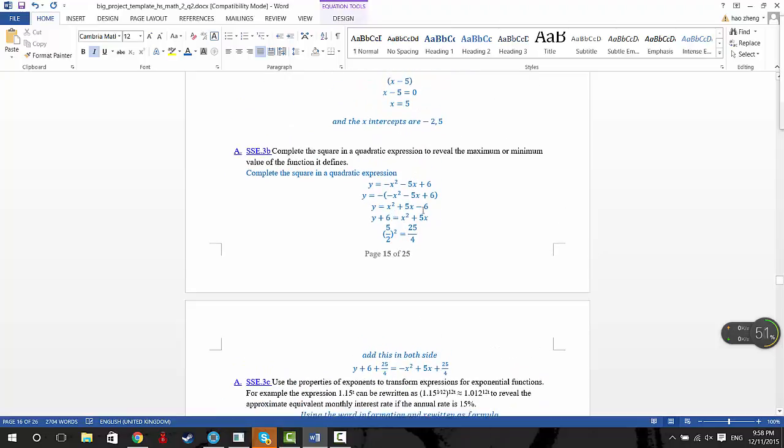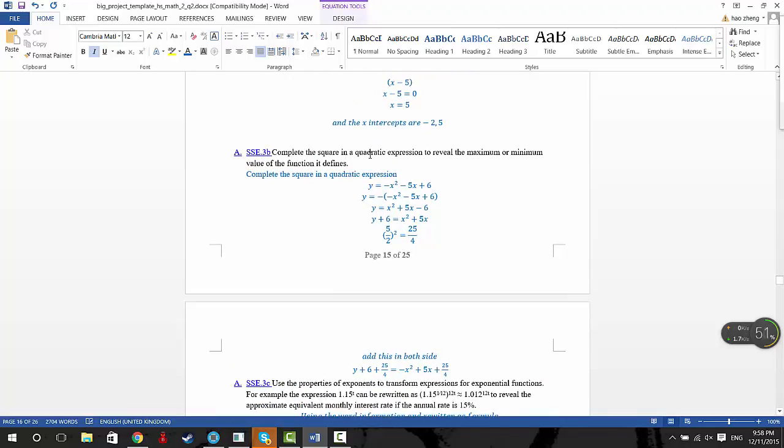Okay, so here's part B: complete the square of a quadratic expression to reveal the maximum or minimum. Here's the quadratic expression, right? But there's a negative, so we multiply it all through and it switches.